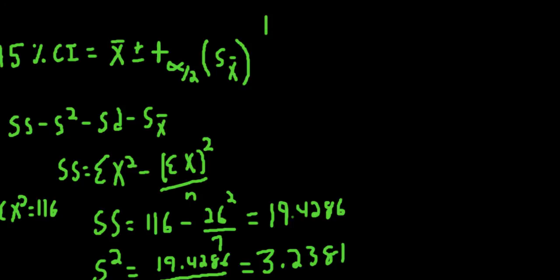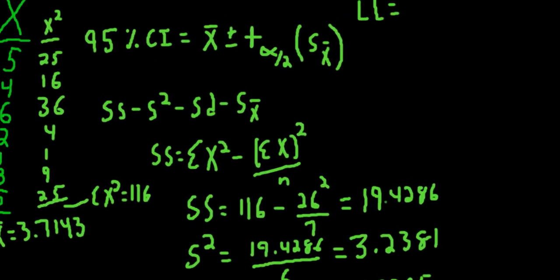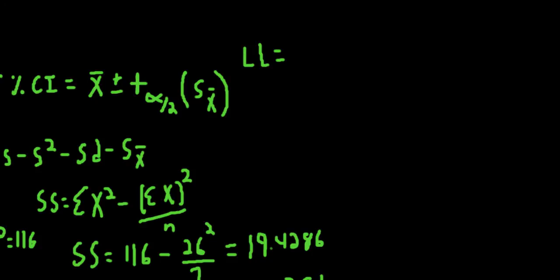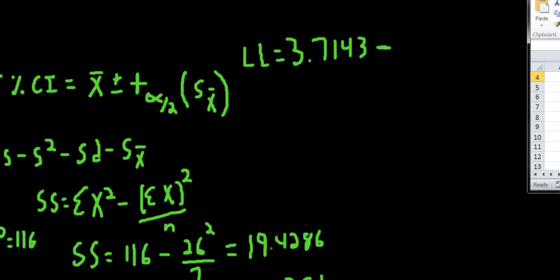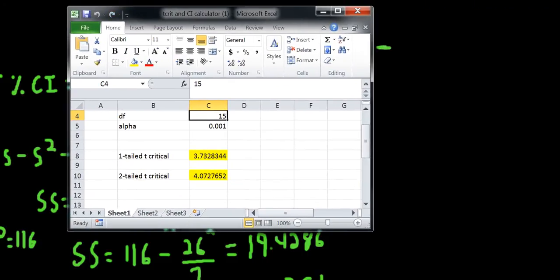So to get the lower limit of the 95% confidence interval, we're going to take our sample mean from this problem, which was 3.7143, and subtract the t-value that corresponds to the lower end of the 95% confidence interval. So we'll need to put in our degrees of freedom, which here, since our sample size is 7, are 6.